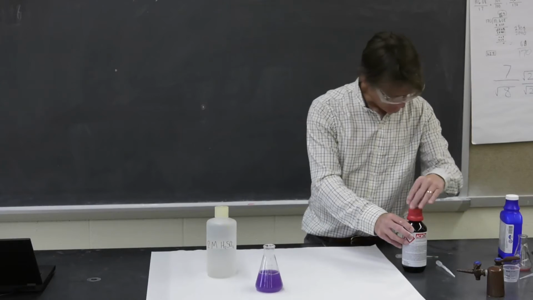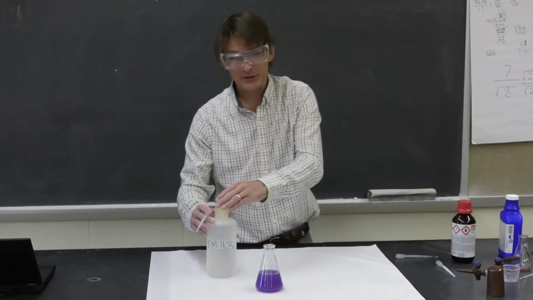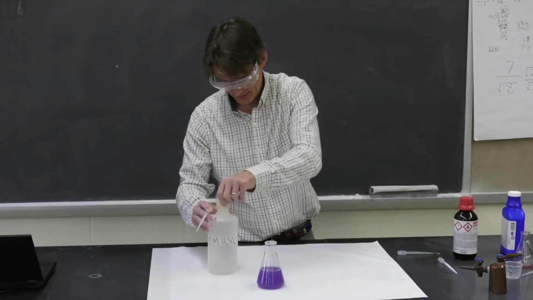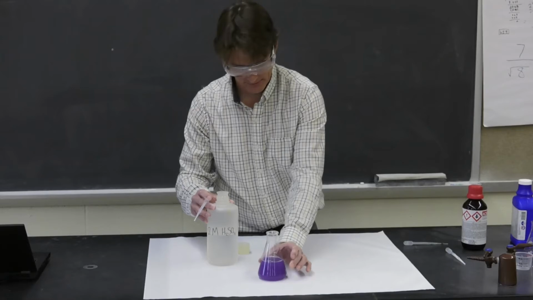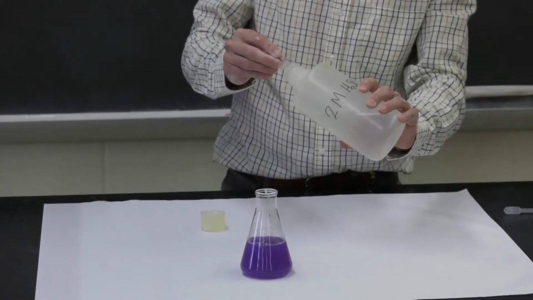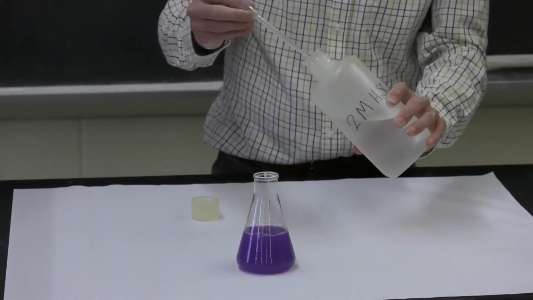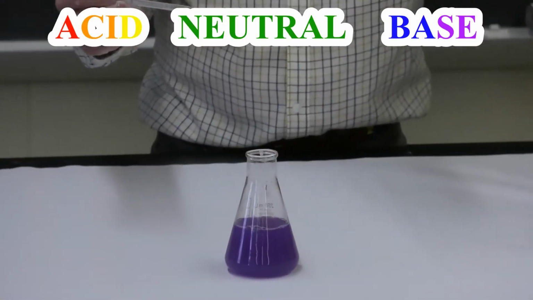Now, I'm going to add some sulfuric acid to the mixture to see if I can neutralize the violet-colored indicator. And of course, what I really want to neutralize is the magnesium hydroxide.